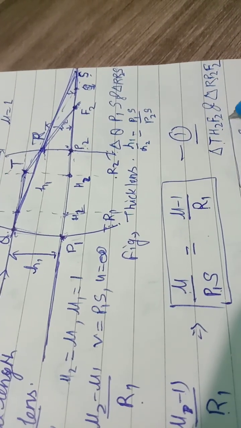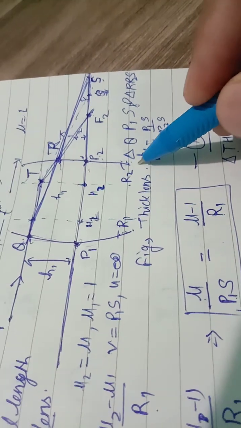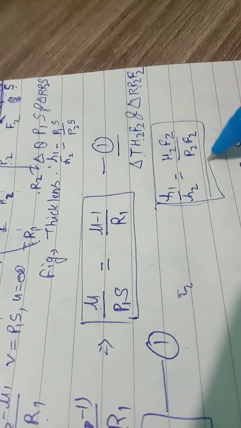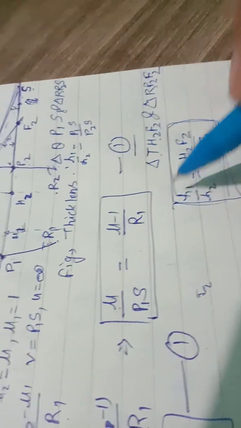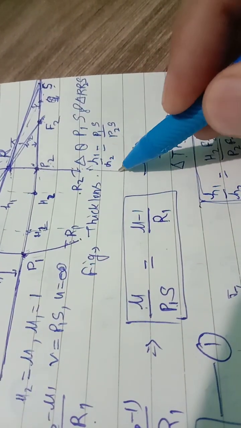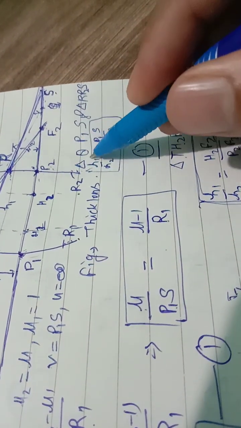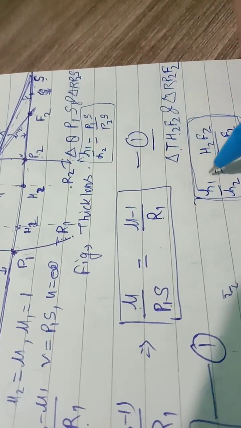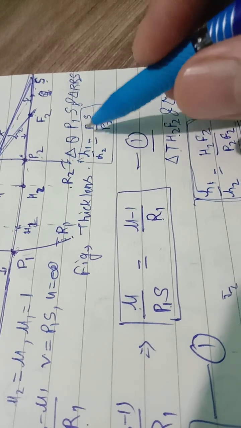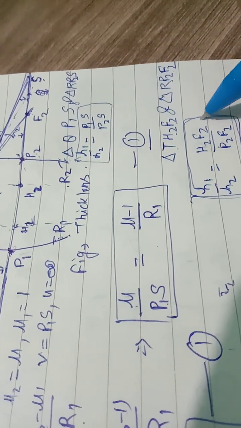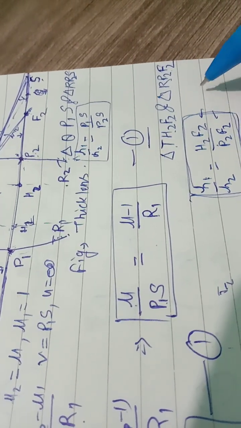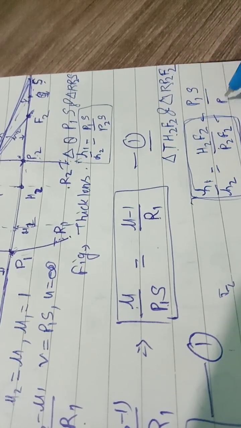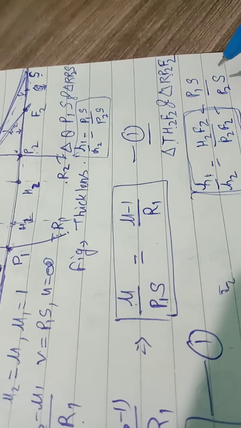Okay, this H1 by H2 and this H1 by H2 are both the same, the left hand side is the same, so the right hand side should also be the same. So I can put P1S equals P2S.